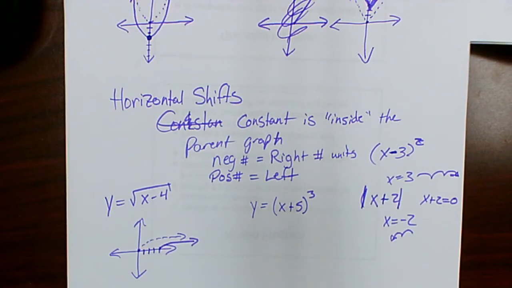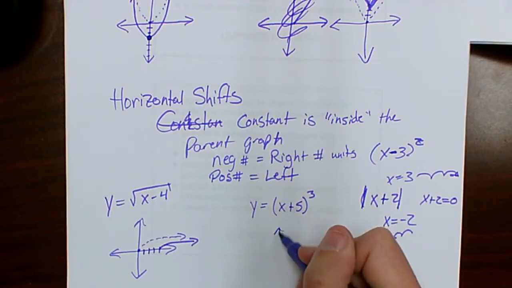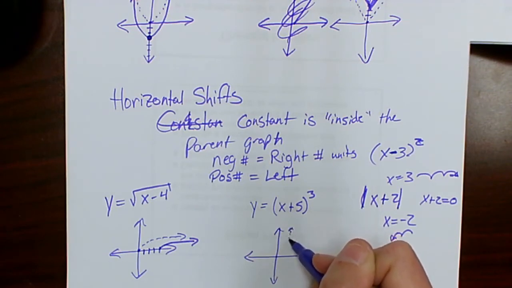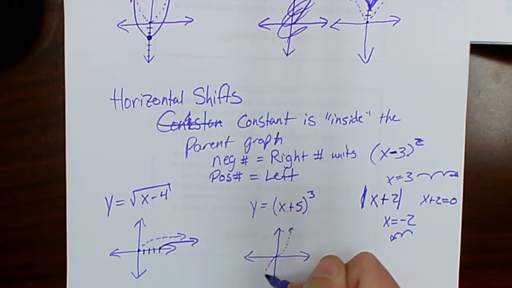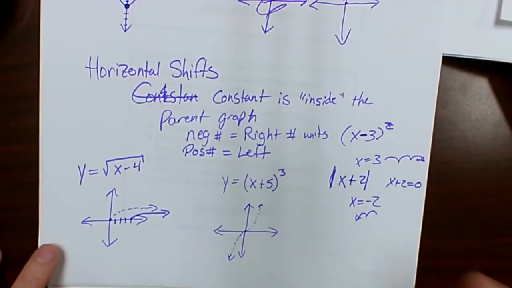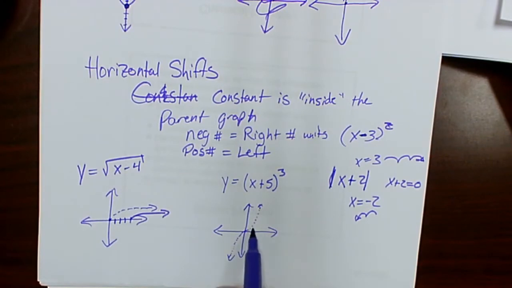Okay, y equals x plus 5 to the third. So our parent graph is x to the third. So that would mean 0, 0, 1, 1, 2, 8, negative 1, negative 1, negative 2, negative 8.